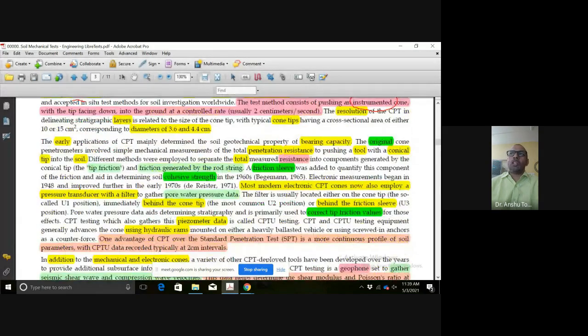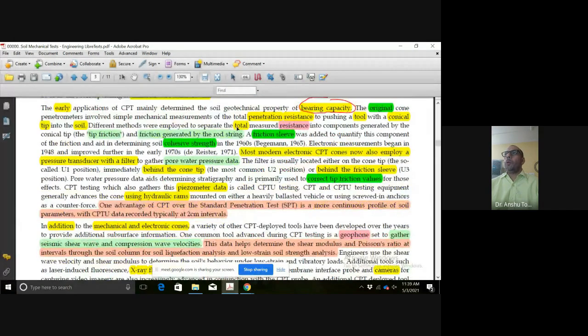It has a cross sectional area that varies from 10 to 15 square centimeters. In the very early days, it used to tell us only the bearing capacity. As in SPT, when we put the N value into the formula we get the bearing capacity, here also, in earlier days, it was used for finding the bearing capacity. But for soft soils, the original cone penetrometers involved simple mechanical measurements.